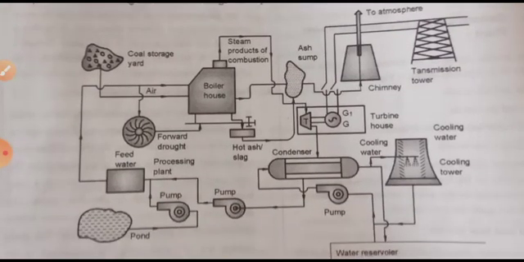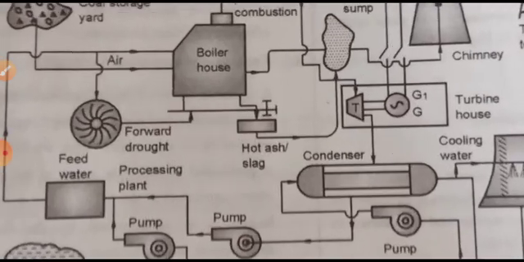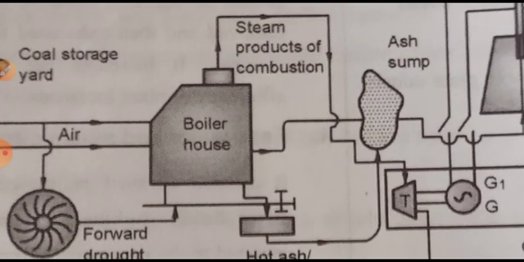Now here you can see the layout of a steam power plant. Observe carefully. The boiler house is shown over here, which is very small, but actually in the second lecture we have seen how complicated they are.